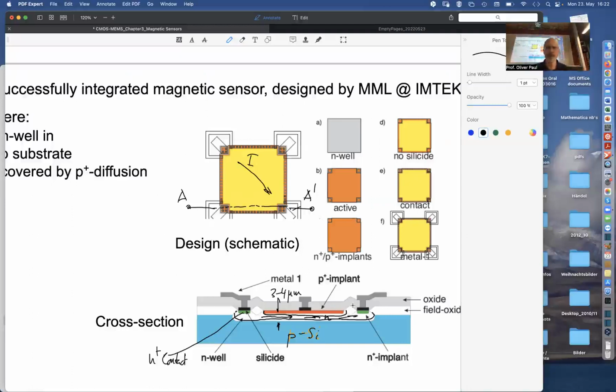And the reason for doing that is that actually PN junctions are kind of smooth. So a current can flow smoothly through. It's undisturbed by the sides.